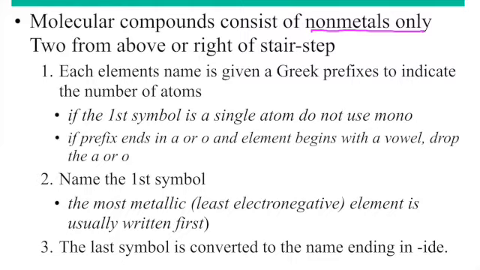For molecular compounds, this is probably the easiest one. You're going to name each element in the compound, and you're going to identify how many of the elements are in that compound using Greek prefixes. I'll show you that on the next slide.